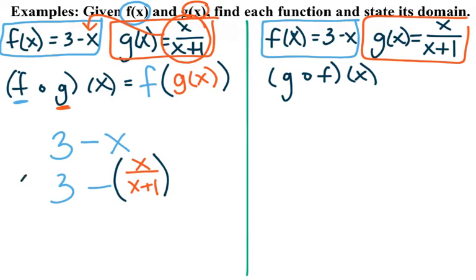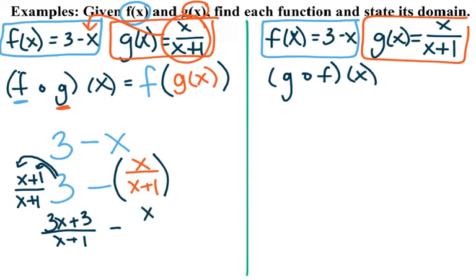So what I'm going to do is I'm going to do x plus 1 and x plus 1. So I'm going to distribute the 3 to everything at the very top. So a 3 times x is a 3x. 3 times a 1 is a 3. On the bottom, it's just going to be x plus 1.